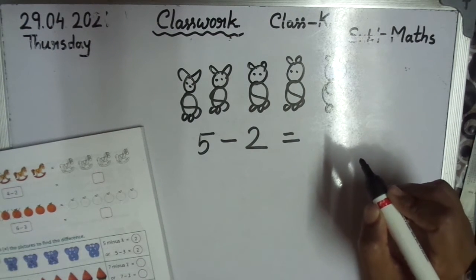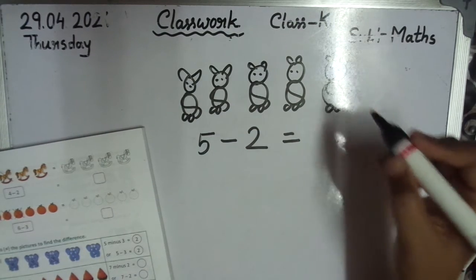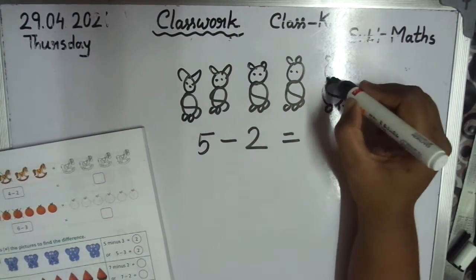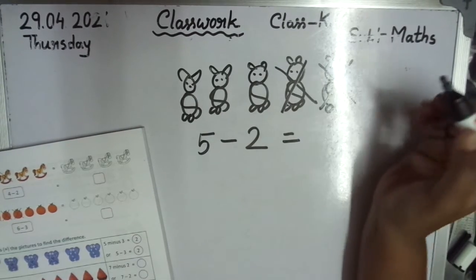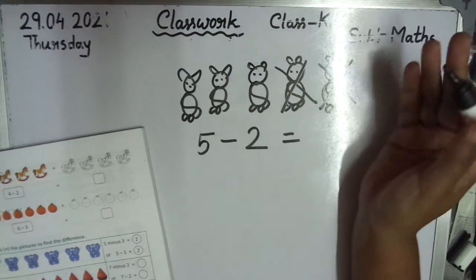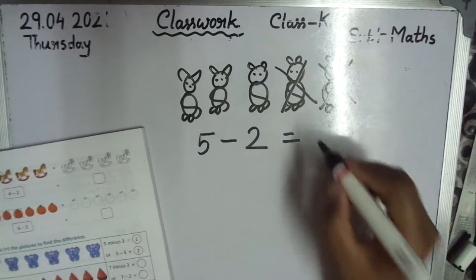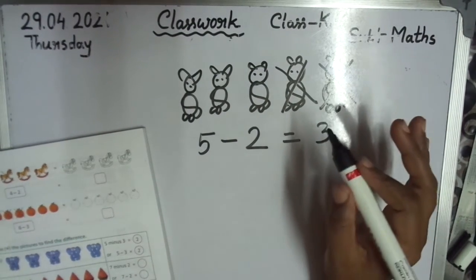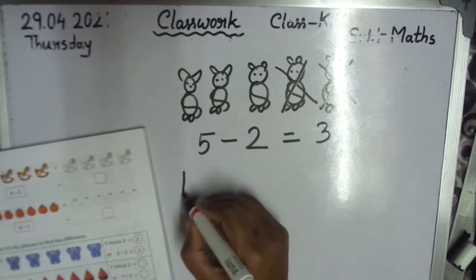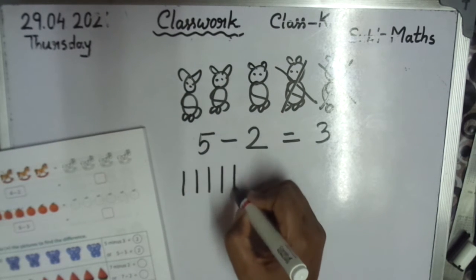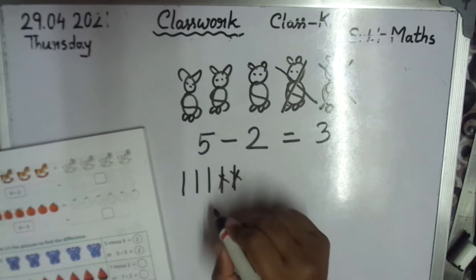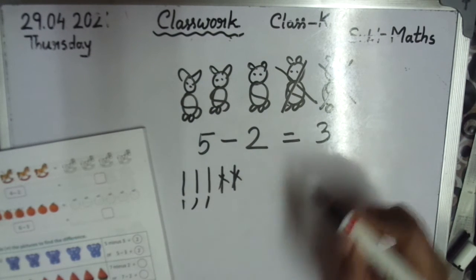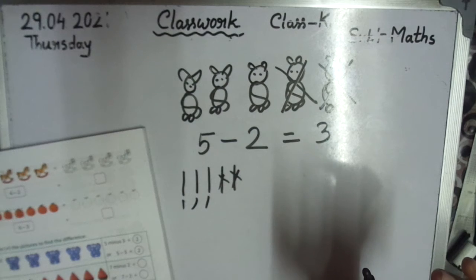So 5 minus 2, 2 take away. So 1, 2. 1, 2, 3. Left 3. Any problem, you draw the lines: 1, 2, 3, 4, 5. 2 take away, so left 1, 2, 3. The answer is the same. Okay.